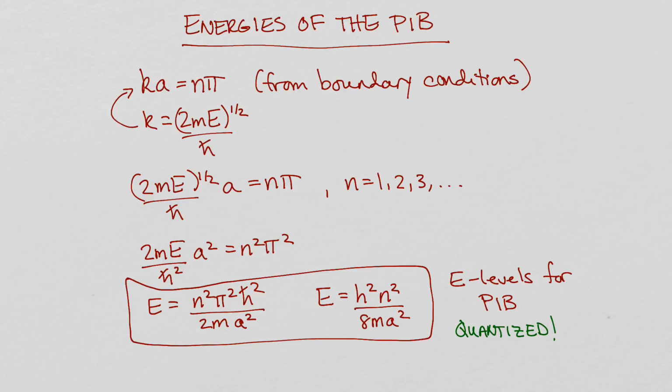We get that quantization of energy arising naturally from solving the Schrodinger equation. So if we think back to our Bohr model, where Bohr came up with an equation that worked by just including this quantization idea, now we have arrived at that quantization idea naturally by using all of the principles that go into solving our Schrodinger equation.